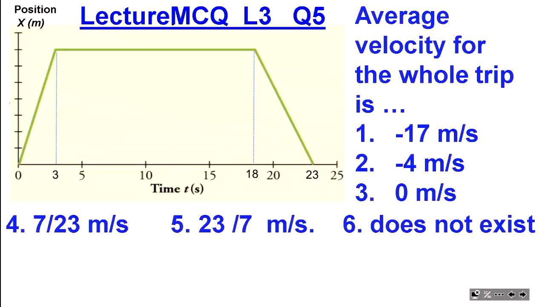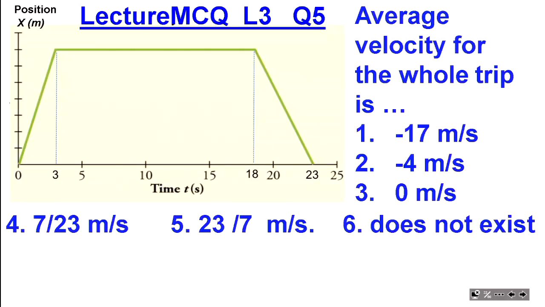And out of 6 answers, 5 don't make any sense. For example, it cannot be negative because it doesn't go beyond the initial location. And it cannot not exist, because it always exists. It's always some number, positive, negative, or 0. And those 7 over 23, 23 over 7 are absolutely random kinds of ratios.